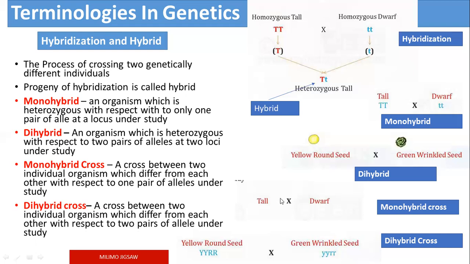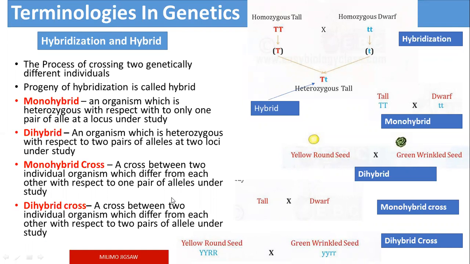In a dihybrid cross, we concentrate on two properties, so you are crossing a yellow round seed against a green wrinkled seed. This is known as a dihybrid cross.